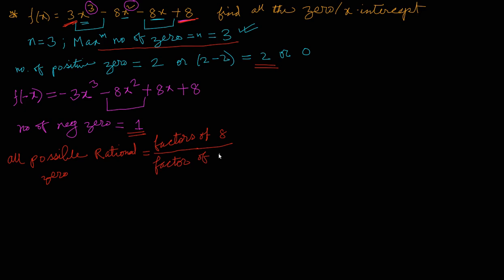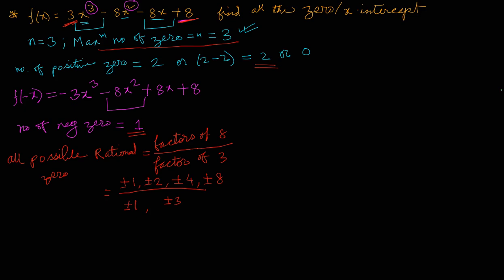Factors of 3, of course we know, are plus minus 1 and plus minus 3, no problem. What are the factors of 8? Plus minus 1, plus minus 2, plus minus 4, plus minus 8. So these are my factors of 8.